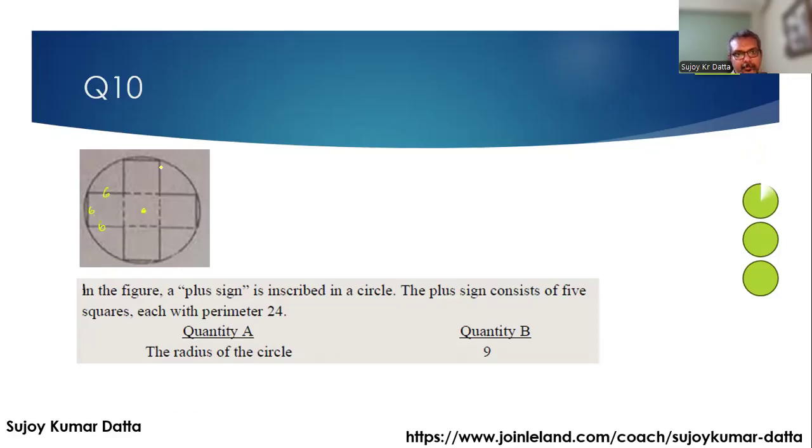Now, if this is the center, that's our radius. If I drop the perpendicular here, these are all 6, right? So that's 18, and half of that is 9.